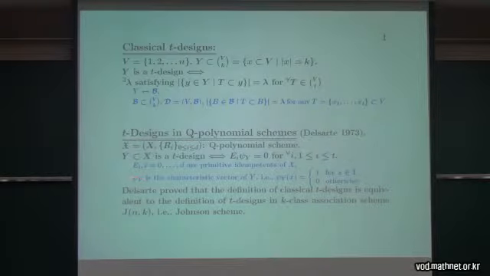Here phi_Y is the characteristic vector of Y, or sometimes we regard this as a function on X, defined by this one. And Delsarte proved the definition of classical t-design is equivalent to the definition of t-design in the Johnson scheme. Here d is called the class of the association scheme.